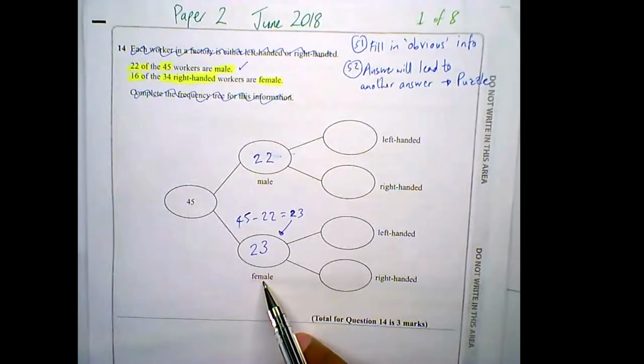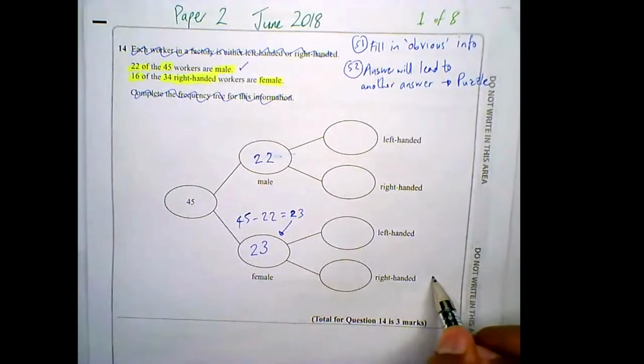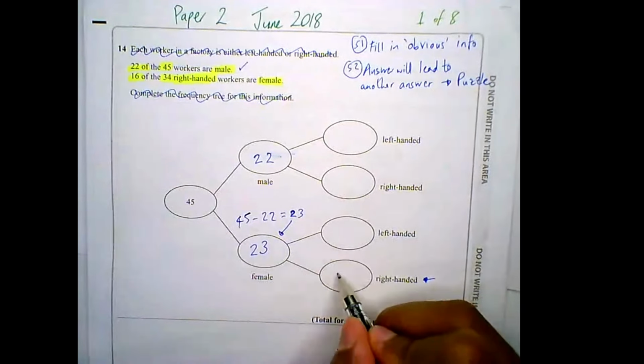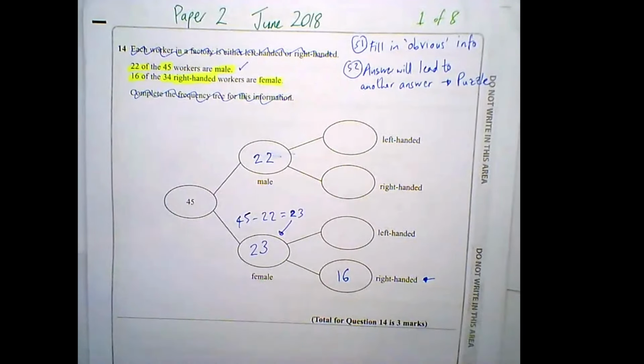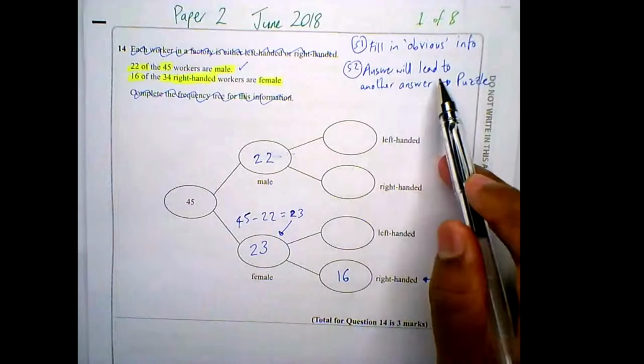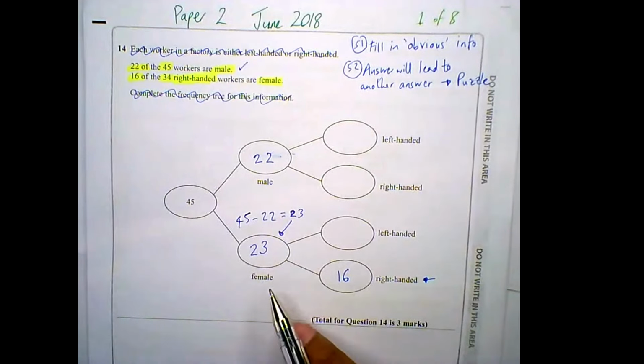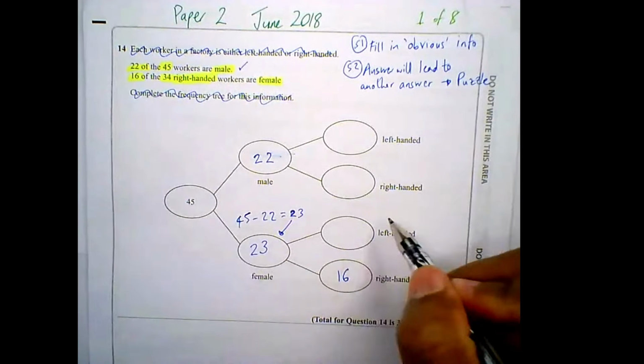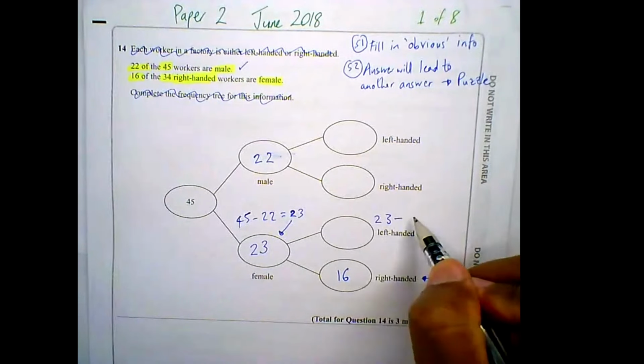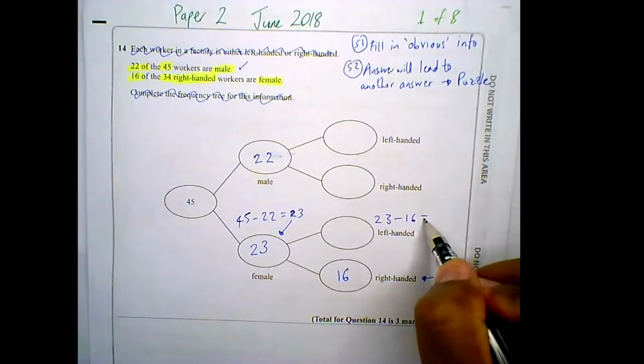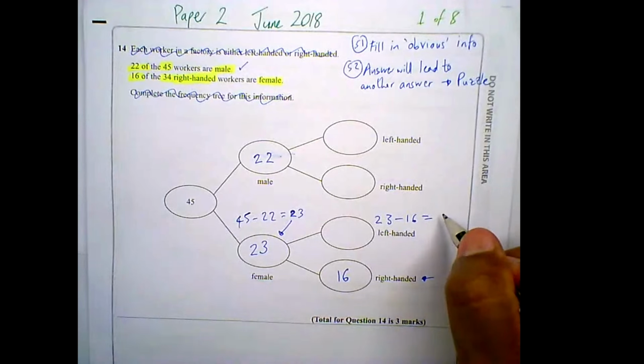So female, right-handed. So we're looking at this one here, and this one is 16. Okay, so now you can see our step 1, step 2, one answer leads to another. So now if this is 23, this box becomes 23 take away 16. That gives us 7.